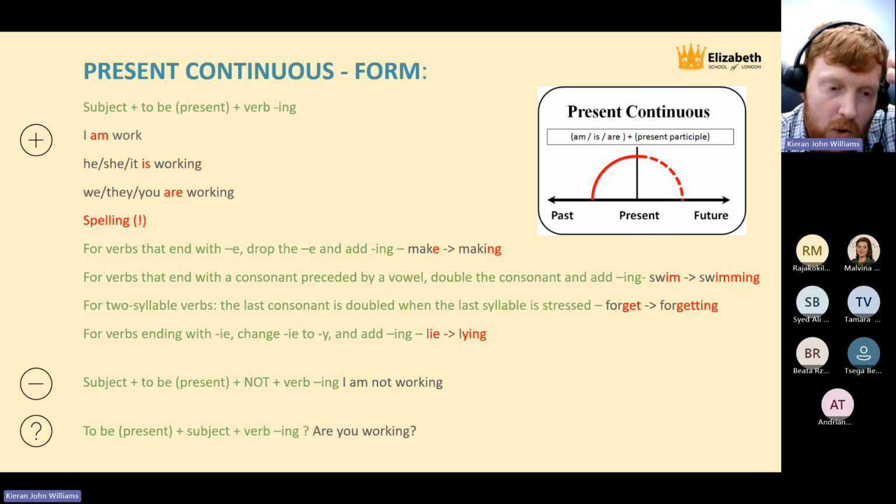Okay. Now, lastly, if we have a verb that ends in IE, we change IE to Y, and then we add ING. So we have the word here, lie.